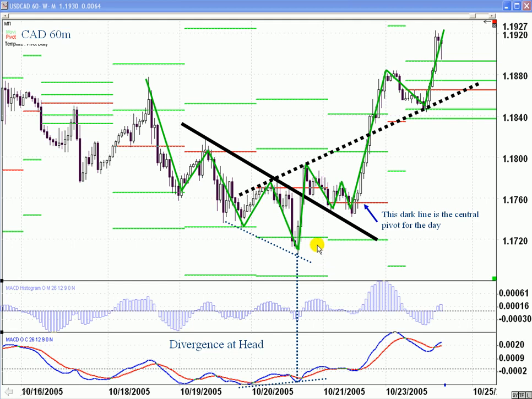Canadian dollar, head and shoulders formation.